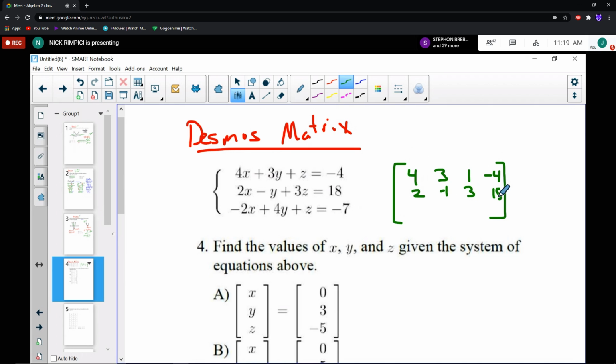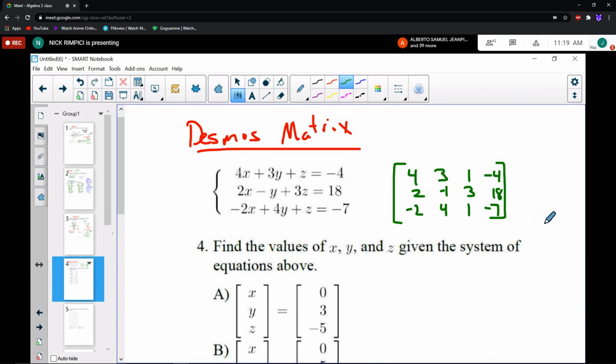Thank you. And then I'll take another volunteer to give me the final row. -2, 4, 1, -7. Thank you. So now we've got everything we need. Our augmented matrix is ready to go.